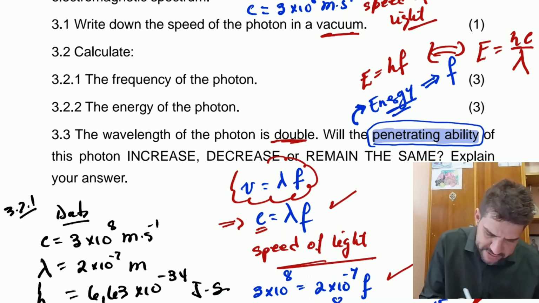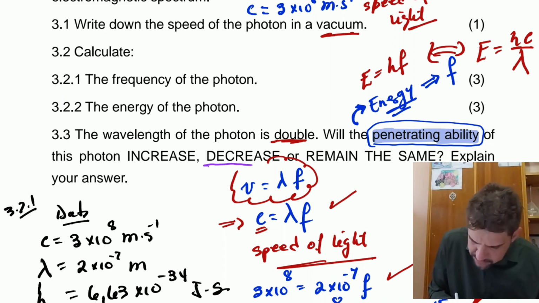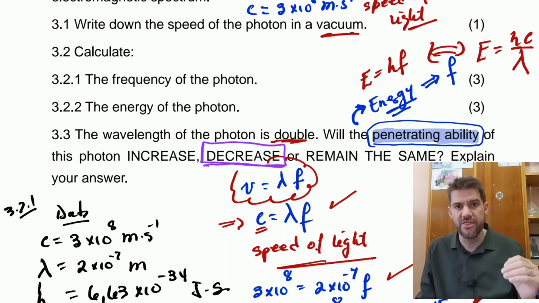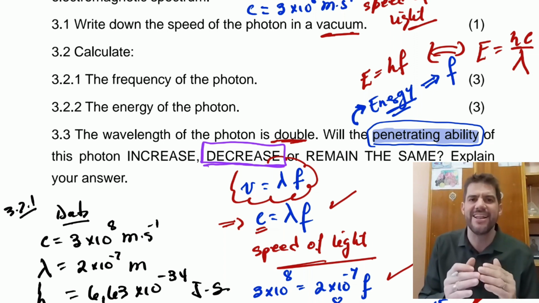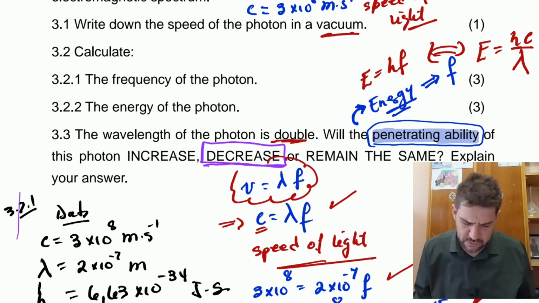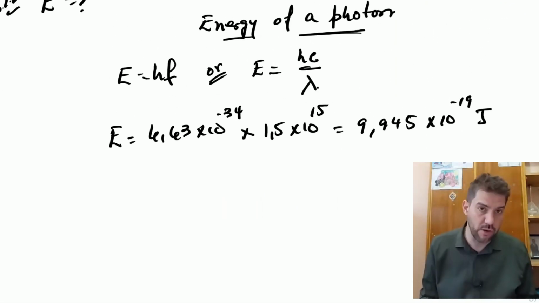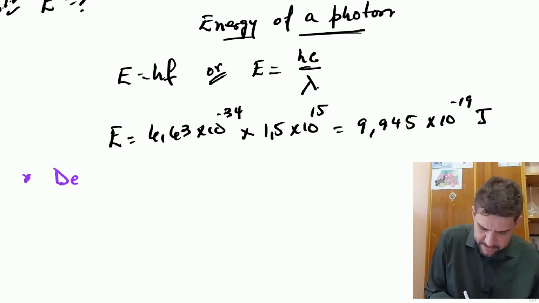So in other words, the correct answer here is decreases, because the penetrating ability is related to energy, and energy is inversely proportional to wavelength. So we can write here, let's see how can we write this one here. First of all, decreases.